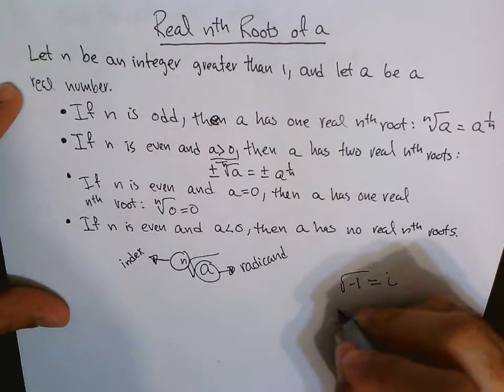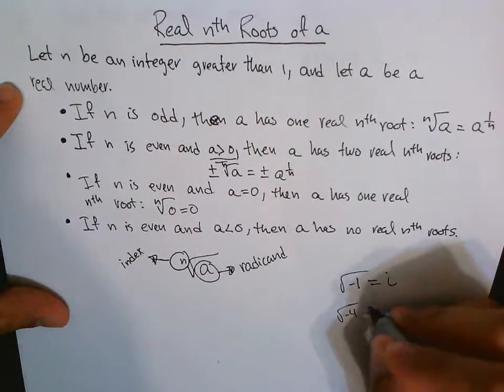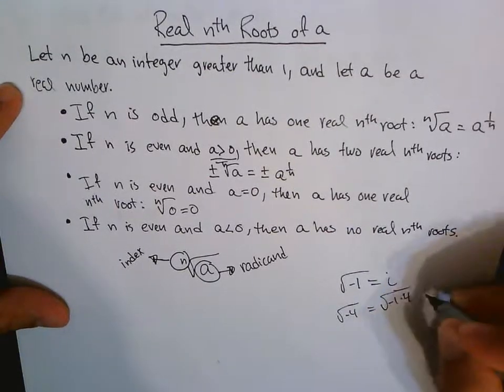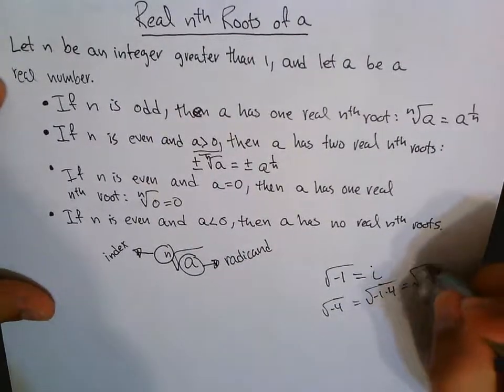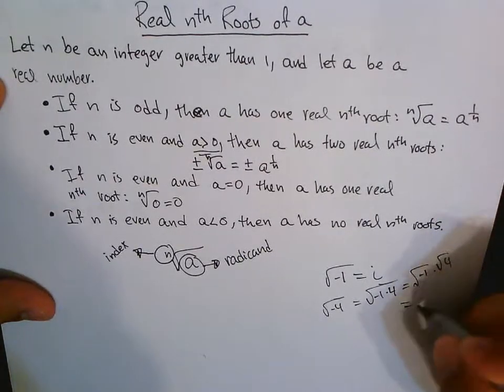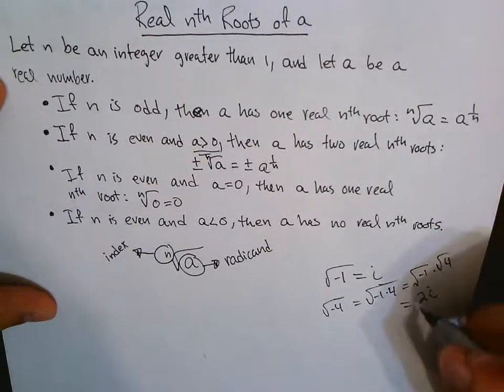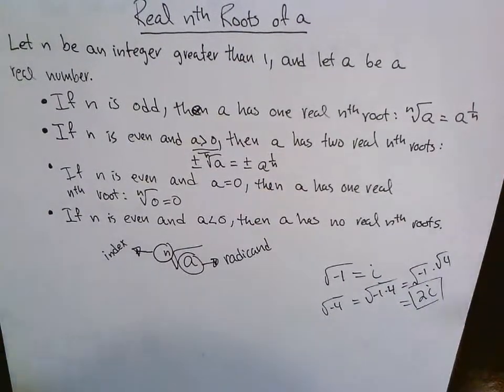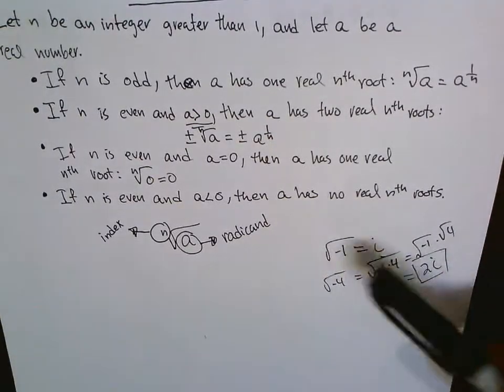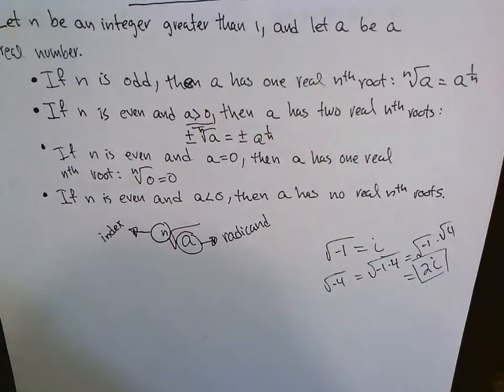So if you're trying to find the square root of -4, that is just equal to the square root of -1 times 4, which is also equal to the square root of -1 times the square root of 4, and that will just give you 2i. I know I did this very quickly. This is not the purpose of the video, but I just wanted to give you a heads up for when you're trying to find the square roots of a negative number.